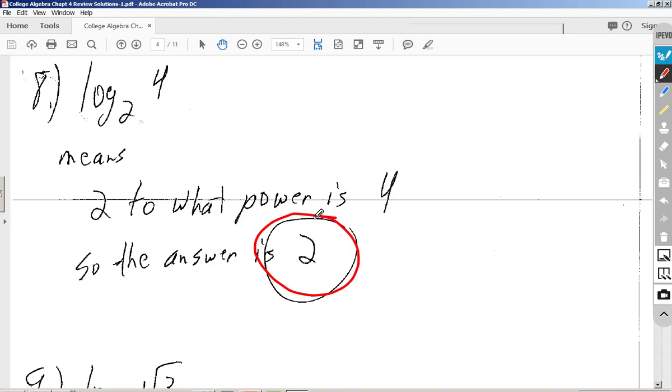Another way you can solve this one, if you can't remember that 2 to the second power is 4, is that we could also use our change of base formula. So the change of base formula, if you want to use our calculator, just says that log base 2 of 4 is equal to log 4 divided by log 2.